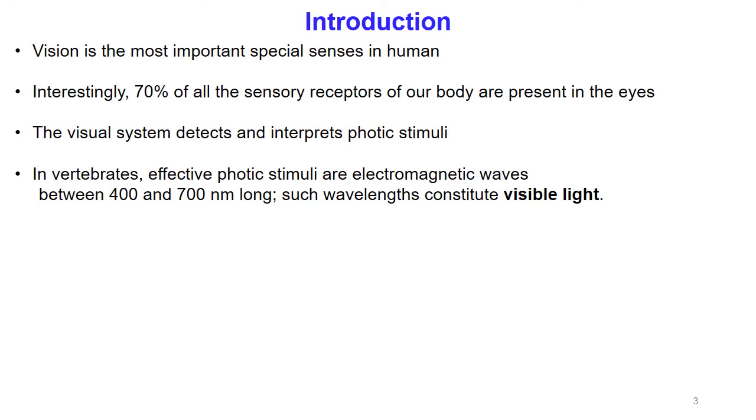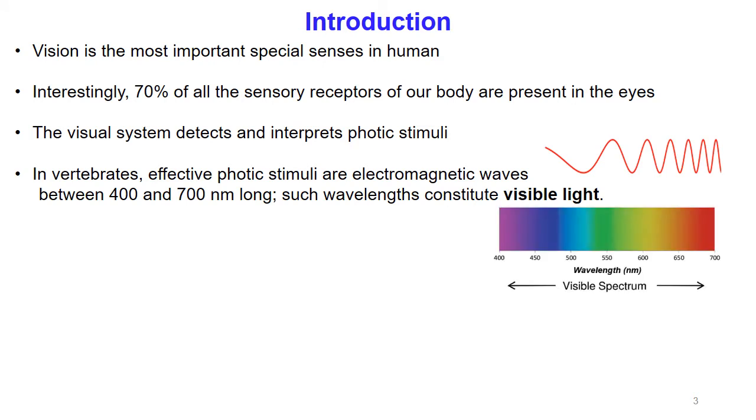Now, what we see or our visual system detects. The visual system detects and interprets the photic stimuli. In vertebrates, the effective photic stimuli are electromagnetic waves between 400 and 700 nanometer long. Such wavelengths constitute the visible light.